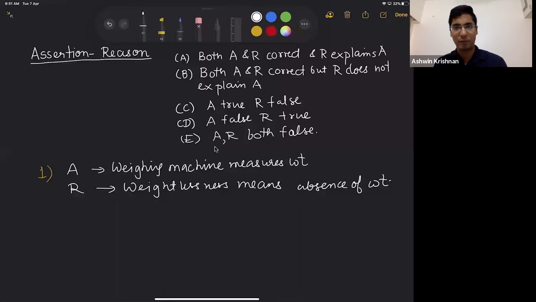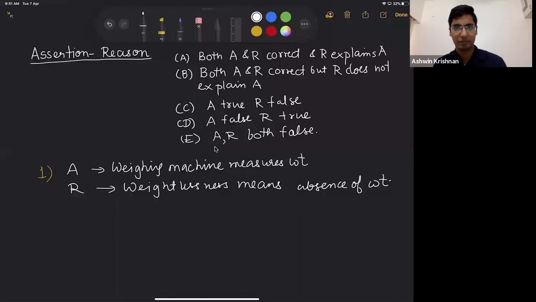E is not part of the poll. If you feel your answer is E, please tell me in the chat. Okay, I can see lots of B's, C's, D's.